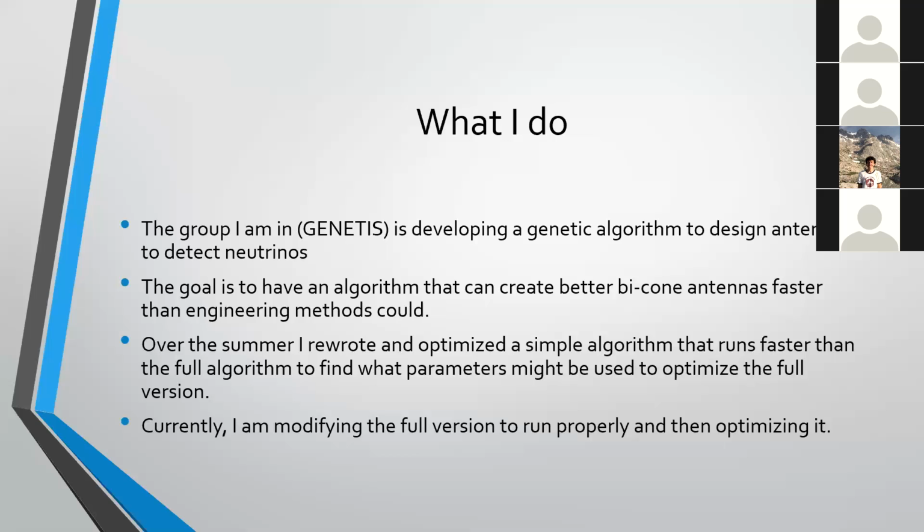Because if it can get to any random bicone very quickly, in theory, it could very quickly get to our actual optimal one when we send it through the very, very long process.